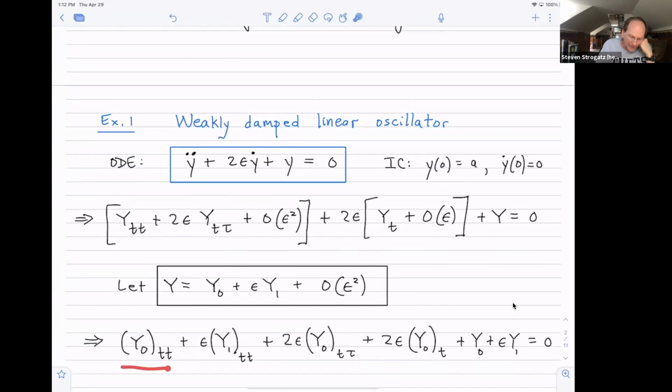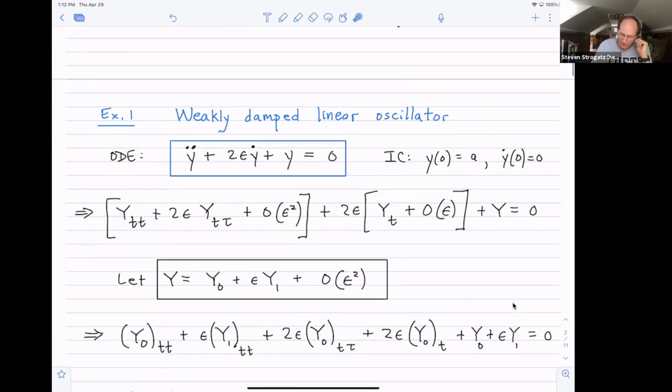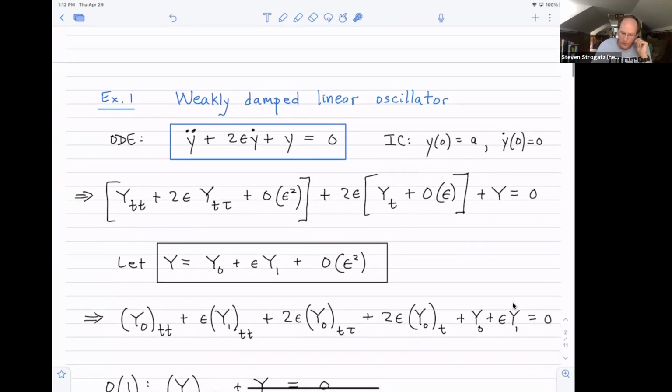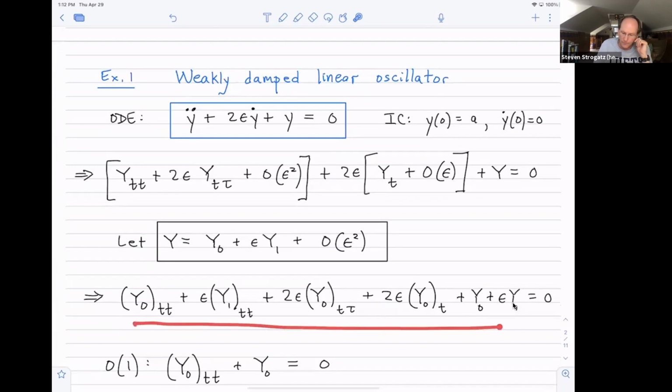So just to stare at it, if I plug in this y0 plus epsilon y1 into this second derivative, I'll get a term like y0_tt at order epsilon. I also get an epsilon y1_tt. Plug this stuff into here. Anyway, you get the idea. Just going to be doing a lot of plugging in. Keep track of everything that's order epsilon or order 1, and you get this equation.